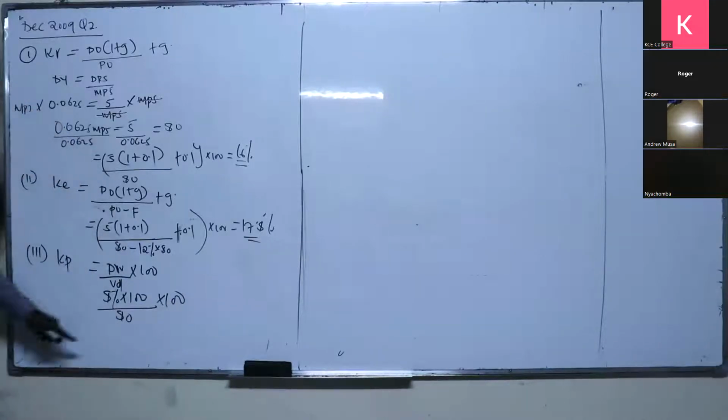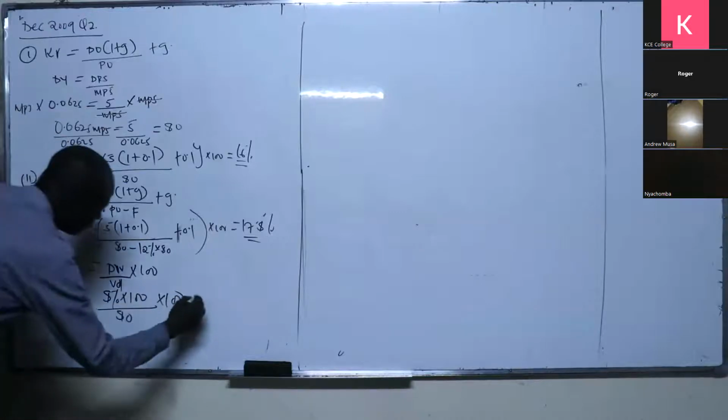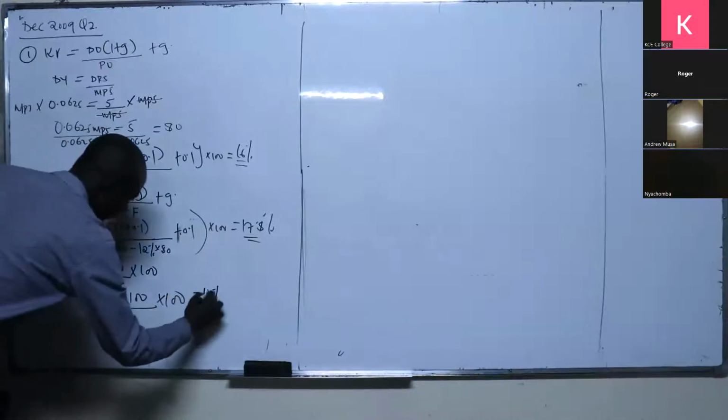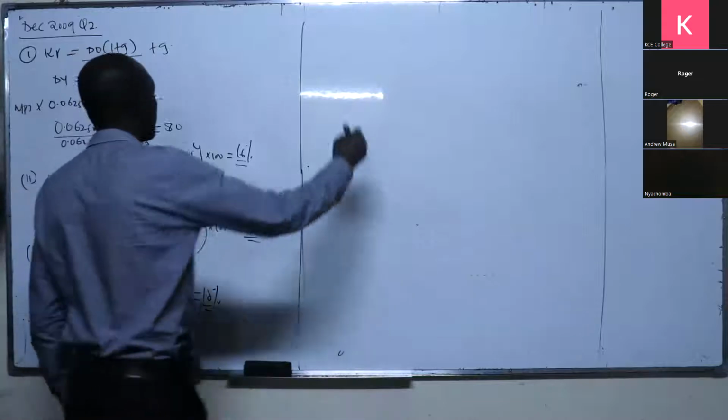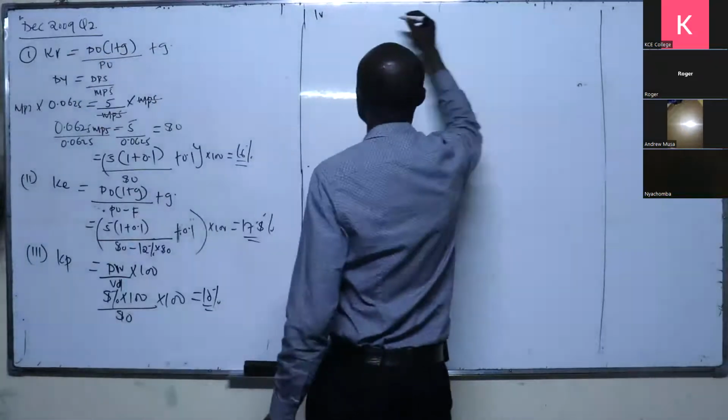Where you have not been given the market price, the par value is the same as the market price. So the dividend is determined based on the par value. So what do we get? 10%.